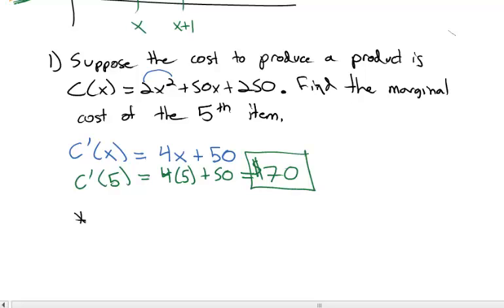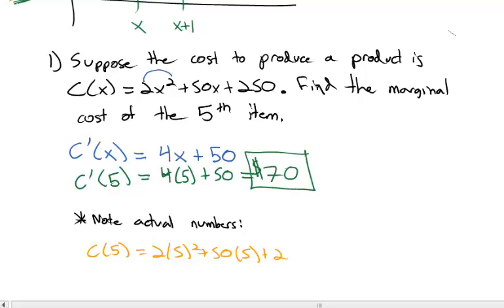I want to compare that to the actual numbers. The way we find the actual number is we have to figure out what C of 5 is, which is 2 times 5 squared plus 50 times 5 plus 250. And when we do all that, we get 550 using the calculator.